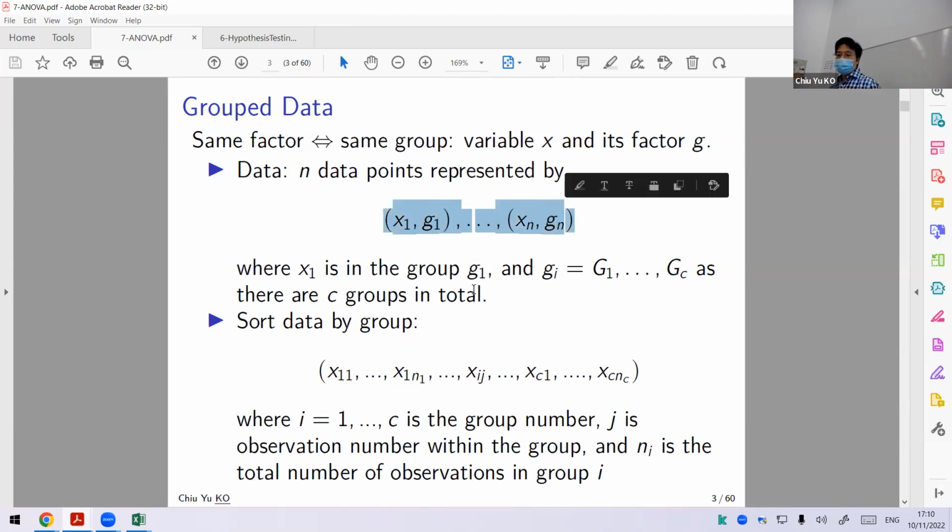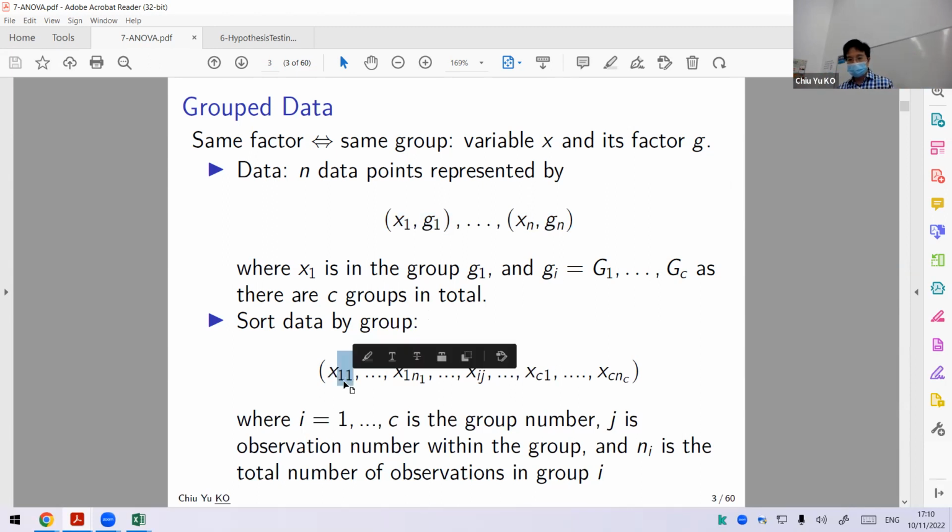Usually how people write it is a little bit cumbersome. You write x11, as what we did in the last class, the double subscript. The first number represents the grouping. The second number represents the serial number of the observation.